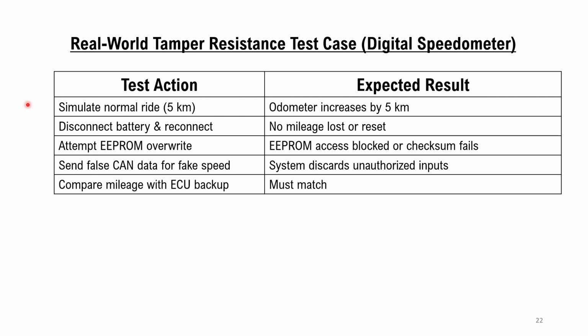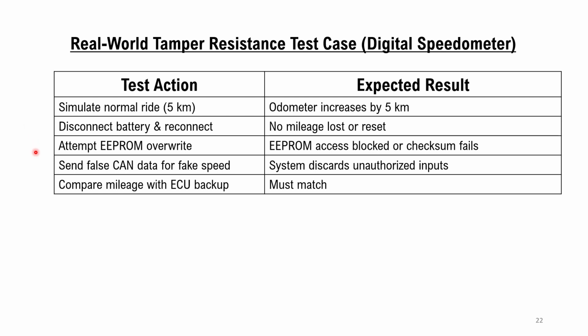Test actions include: simulate a normal ride, say 5 km, and the expected result is the odometer increases by 5 kilometers. Disconnect the battery and reconnect; the expected result is no mileage lost or reset.